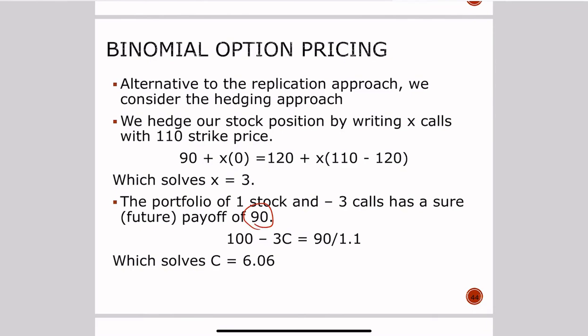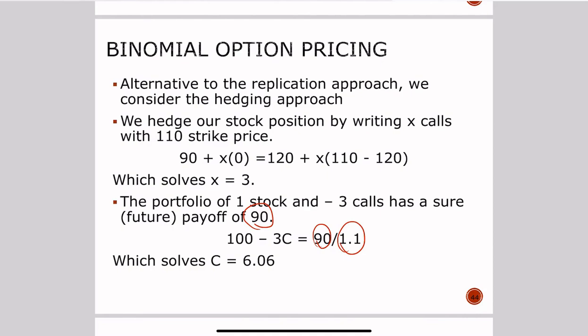So it's a fixed, riskless future cash flow of $90. And because this $90 is riskless, that is, no matter what happens, it's always $90, you could discount this $90 using the 10% risk-free rate.